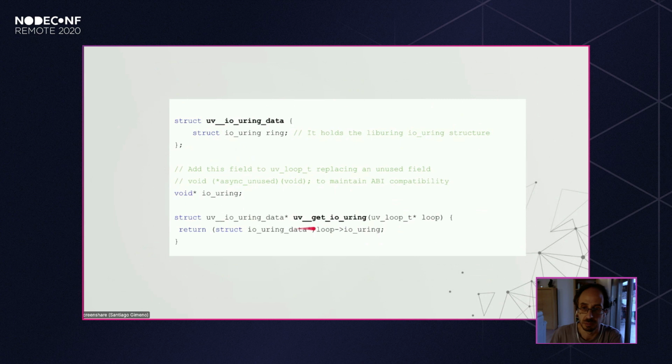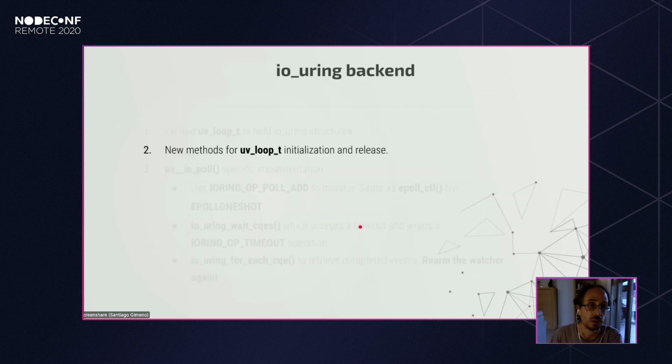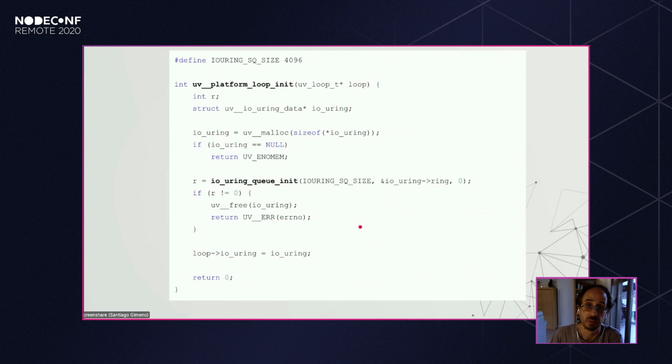I've also added a helper method to retrieve this field easily. Also, new methods for the loop initialization and release have been implemented. So in the platform loop init, the io_uring data struct is allocated, and the io_uring instance is set up with a submission queue size of 4096, which is the maximum allowed by the io_uring API.